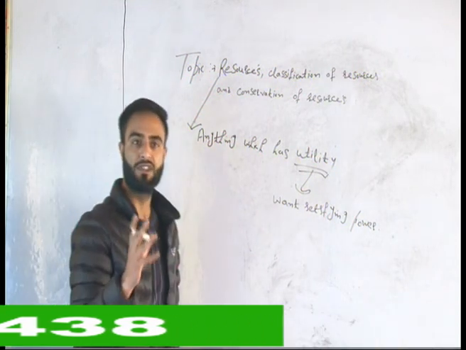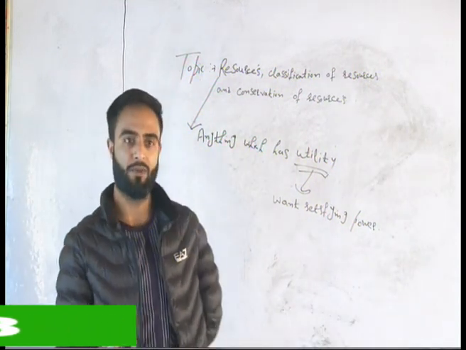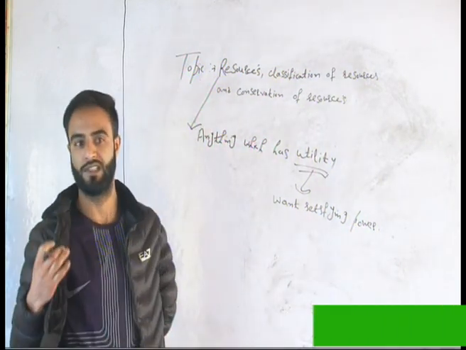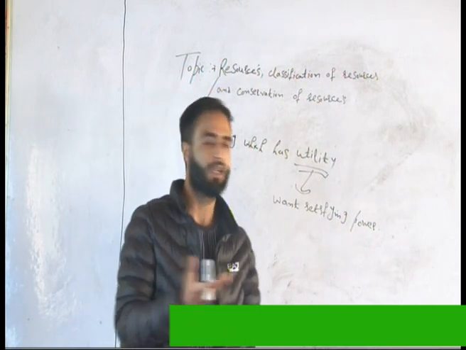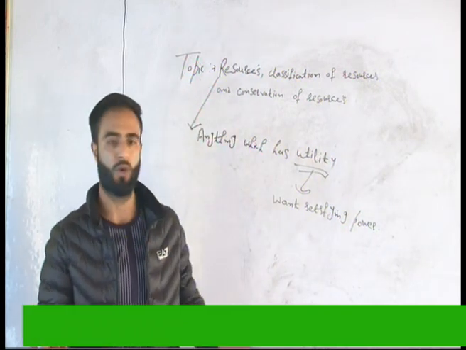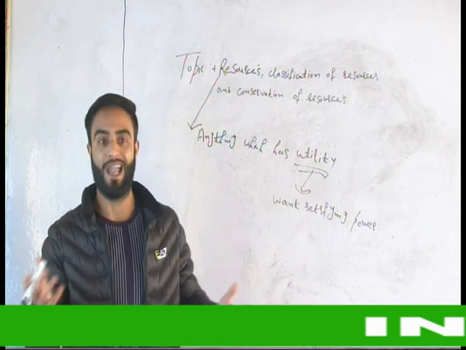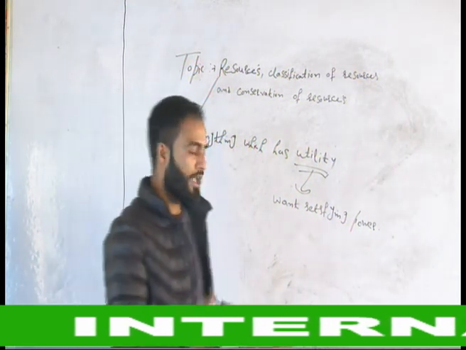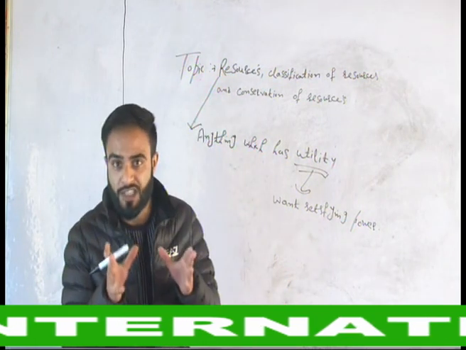I will make it clear by means of certain examples. If a person asks you why you are wearing this jacket, my answer would simply be: I am feeling cold, so this jacket has the ability to satisfy my want, to give me warmth. Everything has a specific power.